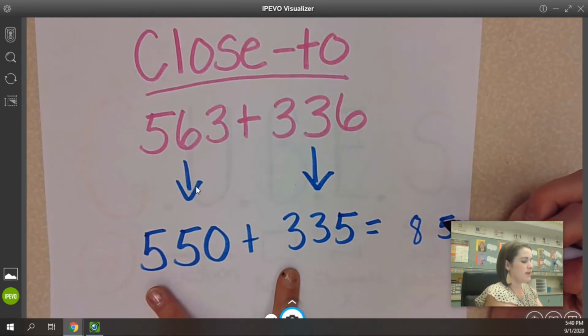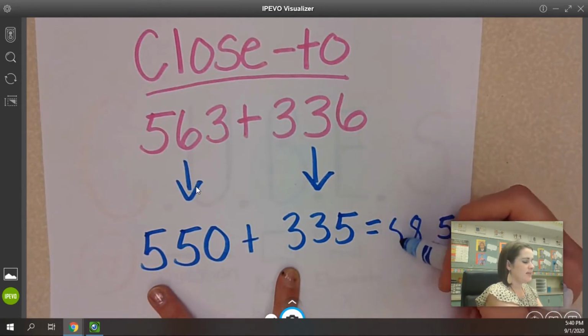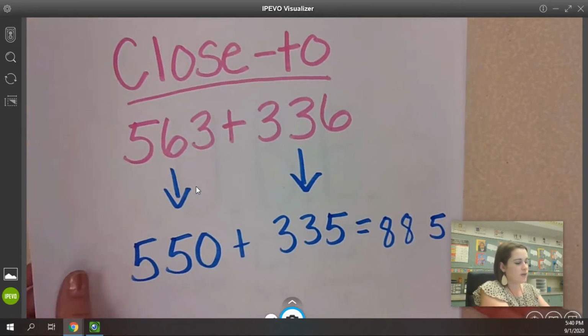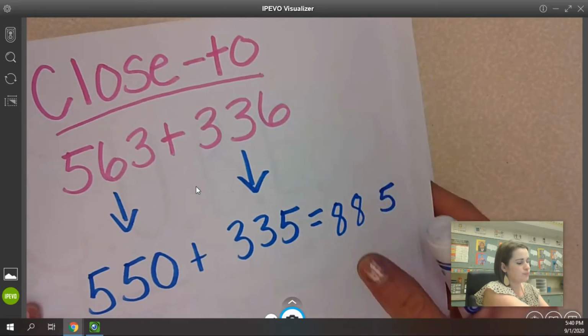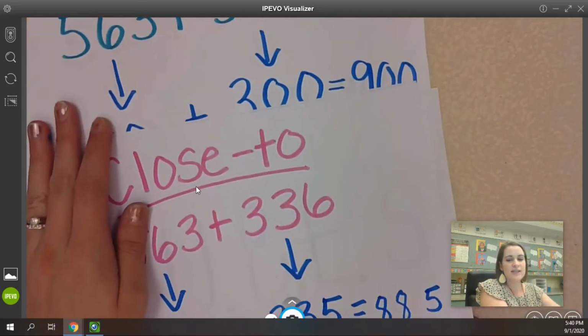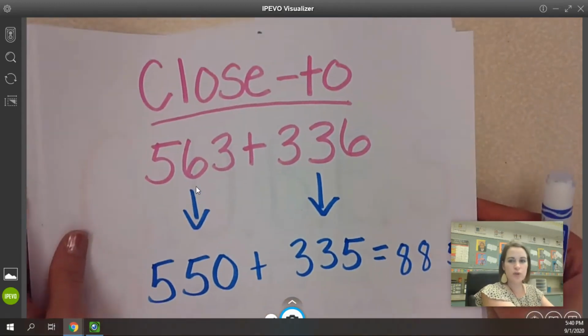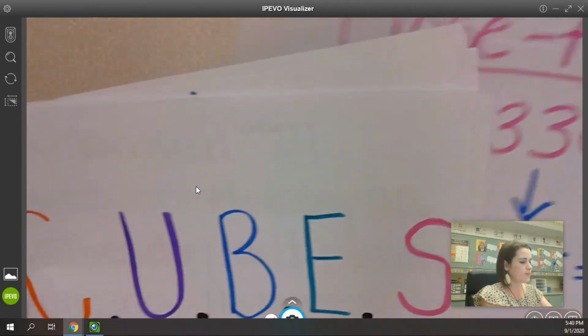And 5 plus 3, again, is 8. So it'd give me 885. As you can see, it's very close to the 900 that I did in rounding. Okay, so close to and rounding is what you're going to be using probably the most.